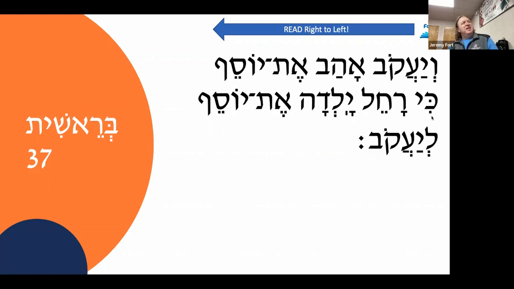Keep going, you're doing good. That's a kaf. You use this to open your door: key. This is the name of a person who Joseph married. It is Rachel. Yep, you got it. Ignore that little mark right there.